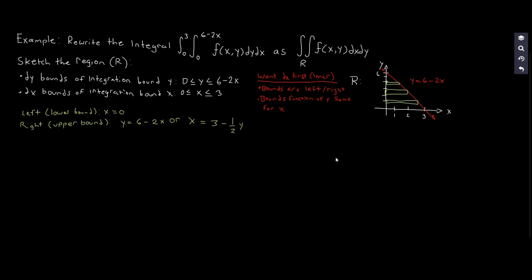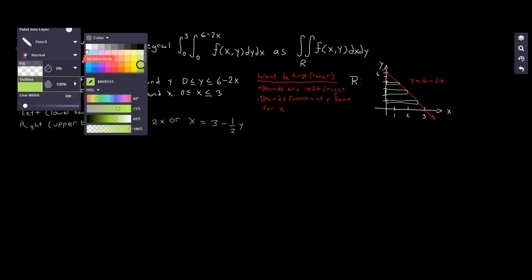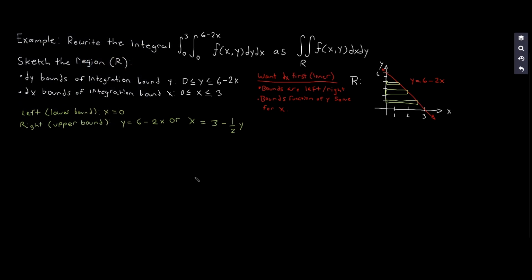Okay, so what that means, I think, is that I think that's right. And so the setup for this now is, we know that y is from 0 to 6.